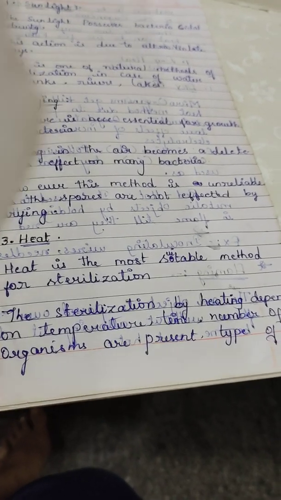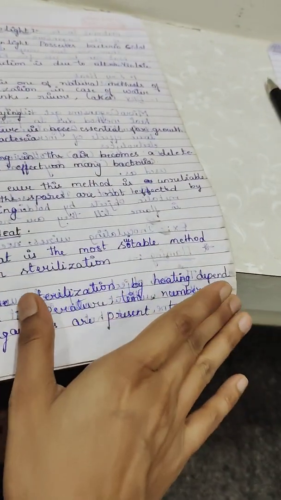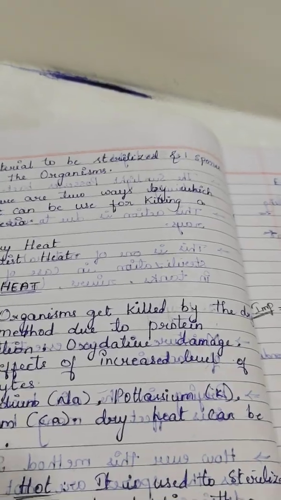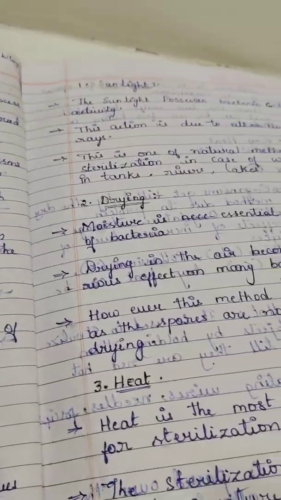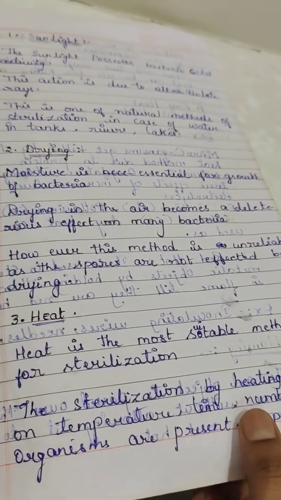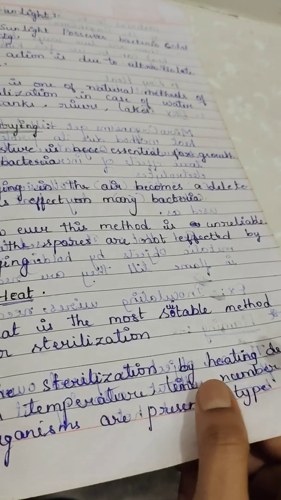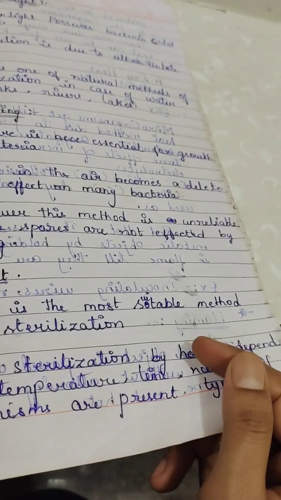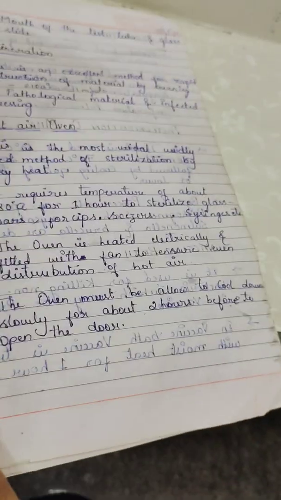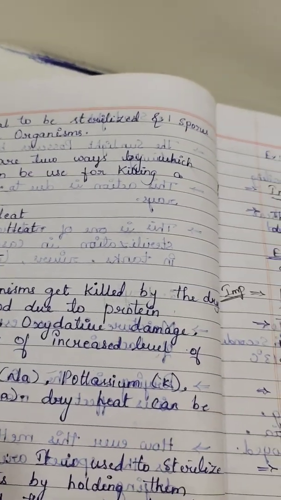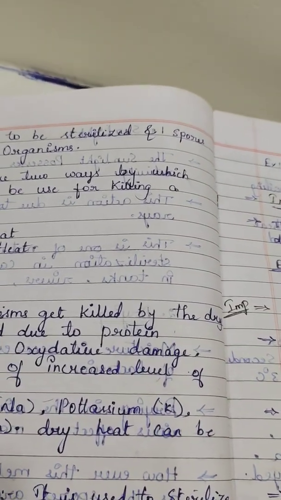time, number of organisms present, and types of material to be sterilized. So as we know, heat sterilization depends completely on temperature, time, number of organisms present over the surface, types of materials to be sterilized, and spores of the organism.